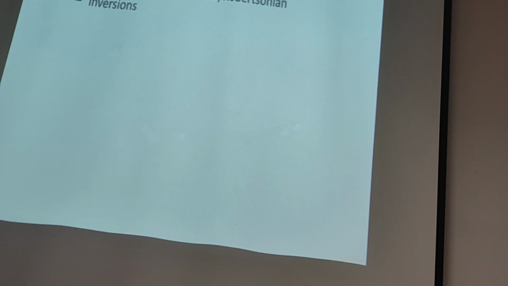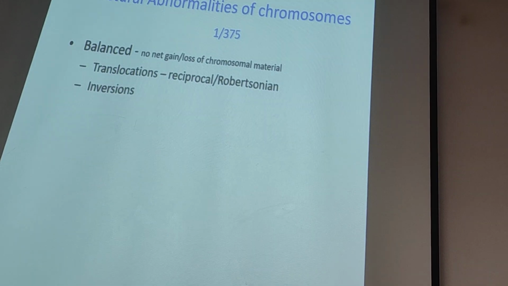Altogether, a structural chromosomal abnormality happens in 1 in 375. For Down syndrome, it was 1 in 800.